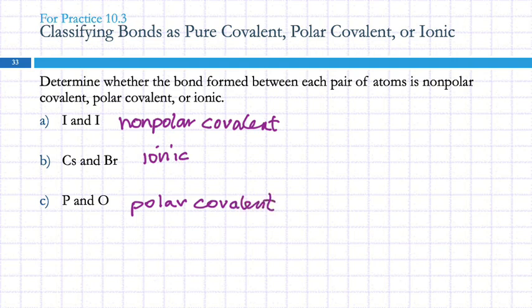In a question like this, I would only ask you ones that are actually polar. So if they're different nonmetals, assume that they're polar. Any questions? The percent ionic character and the debyes and the little differences, it really all comes down to, can you do this?